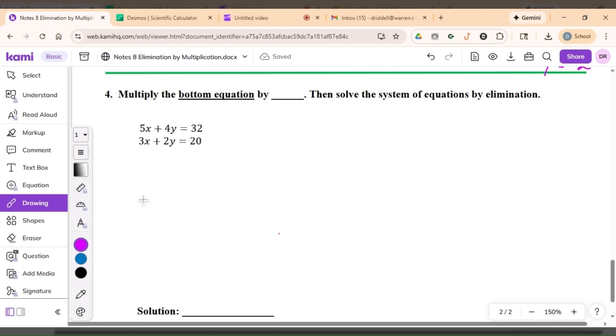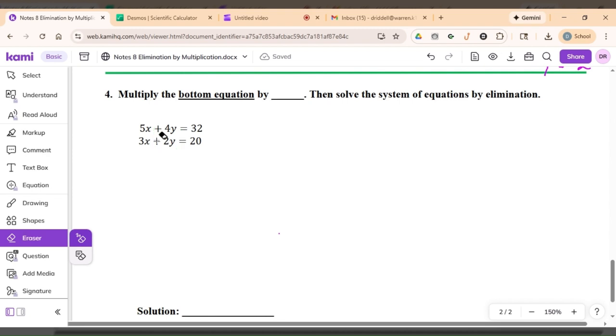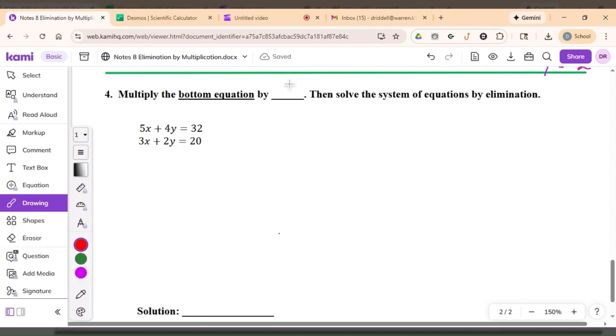So what we're going to do is look at these y's really quickly and ask ourselves, how could we make those cancel? The top y has a 4, the bottom y has a 2. How can we make those cancel each other? The answer is we're going to multiply the bottom equation. Let's talk about what we can multiply it by. Let's say we put a 2 right here and see if that's going to work.